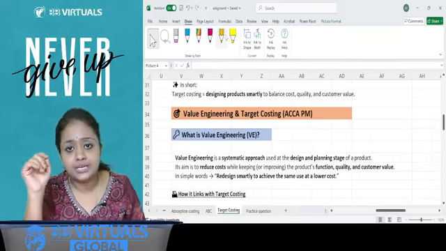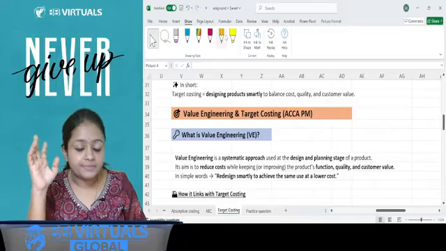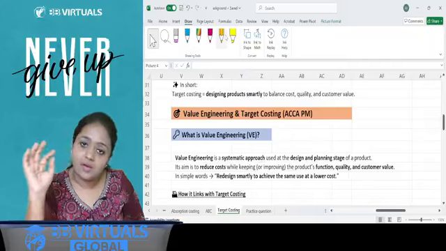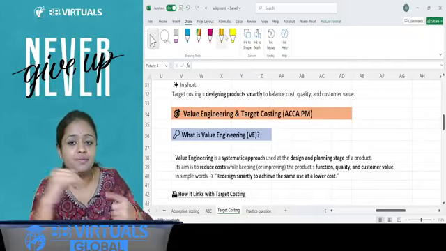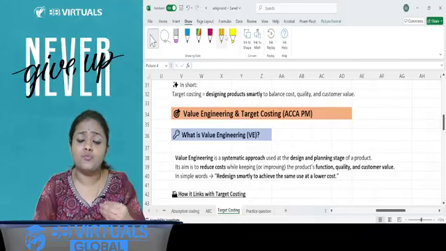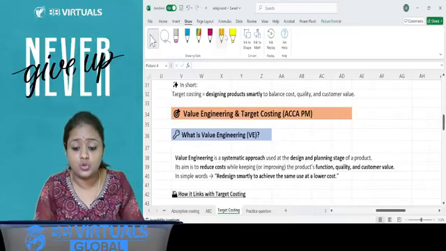What is value engineering? Value engineering is simply the process that would start at the design phase only. Okay, it would start at the design phase. We will do the redesigning. Okay, we will try to have more replacements of the raw materials. We will try to have some replacement of the softwares used.